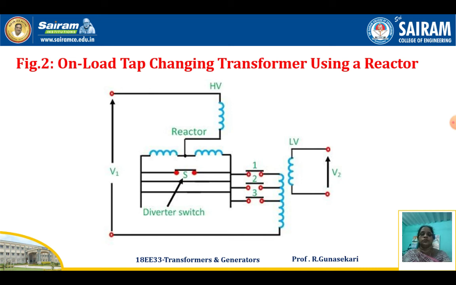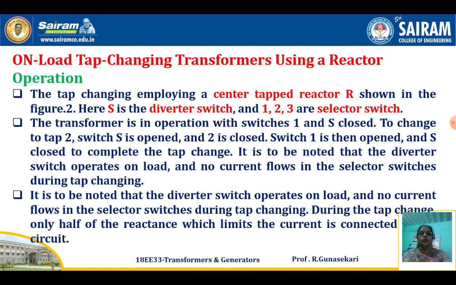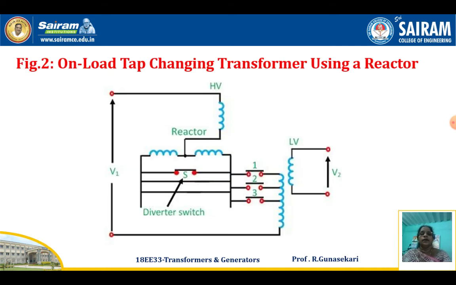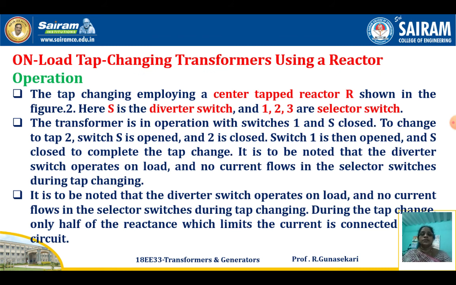Now the selector switch is changed from position 1 to 2; the procedure to be followed is: first the switch S is opened, then the selector switch is changed to the second position, then switch 1 is opened, then switch S is closed.